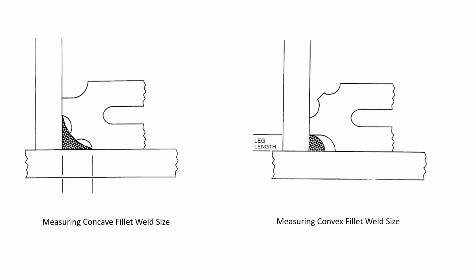So you can see on the left-hand side, we've got a concave fillet weld, and we're using the concave side. And we slide it in there, and if that little part touches, all right, we're good to go. Our fillet weld meets the size requirements of the specification or the drawing that we're working to. On the other side, we've got convex fillet welds.